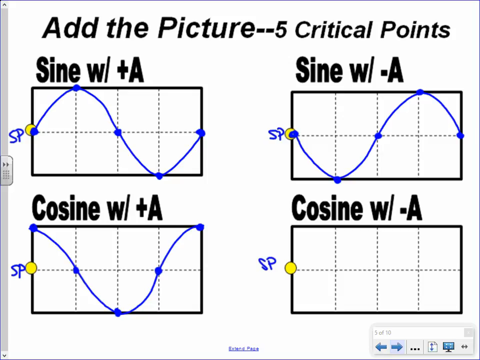Then for negative cosine, where will we begin? The bottom corner. So this is going to look more like a hill. So there's the 4 different shapes that we're going to work.